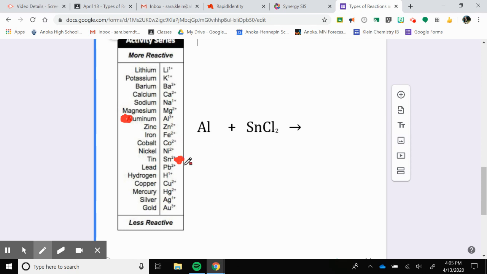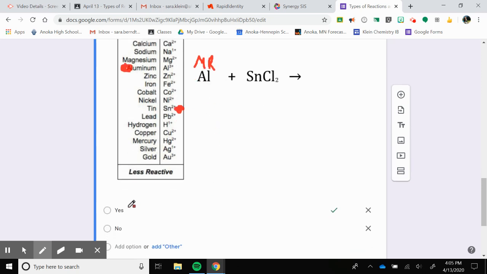And so what we find between Al and Sn is that Al is more reactive. So our more reactive element wants to be in a compound and it's not. So this reaction will occur. So I would have put yes.